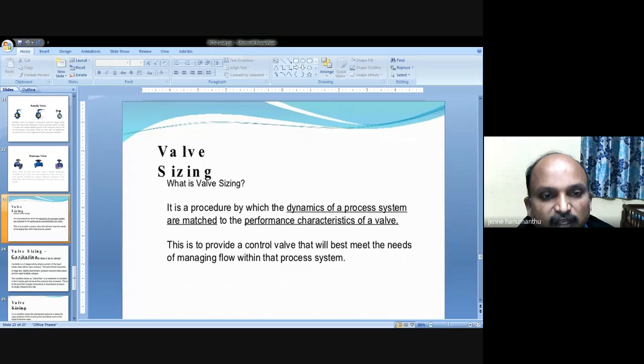I will give you the equation in the notes, it is missing here. Capital Q equals k into root of del p. What is k?